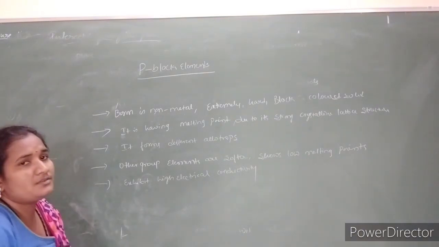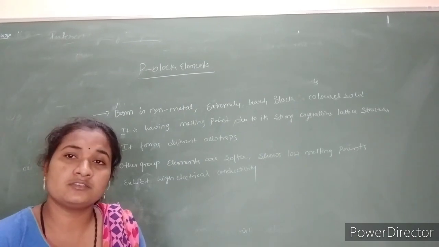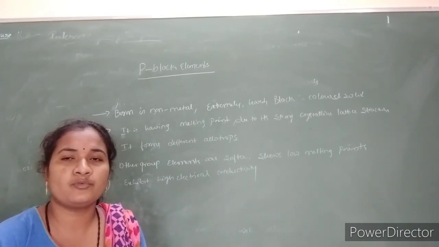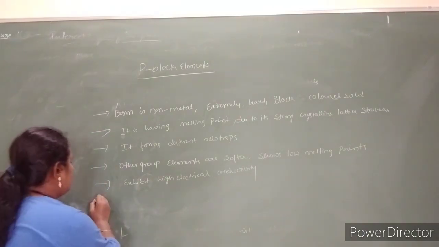But in the case of gallium, with a low melting point of about 303 Kelvin, it exists as a liquid in summer days.